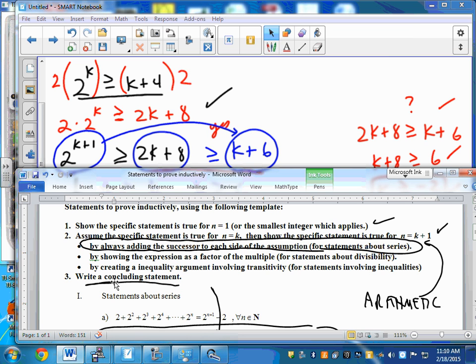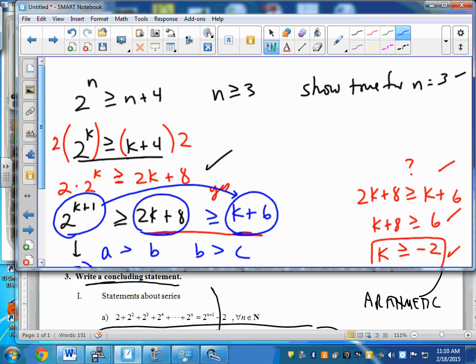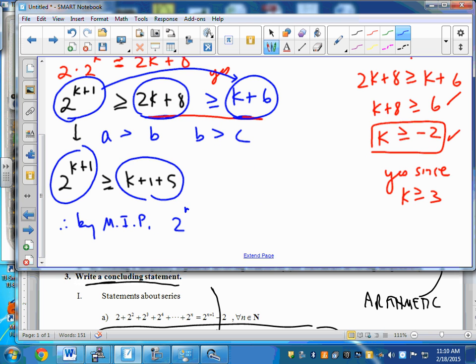At the end of this one that we just did, I could write, therefore, by the mathematical induction property, we have shown that 2 to the n is larger than or equal to n plus 4 for all natural numbers, with the restriction that n was bigger than or equal to 3. Okay, QED.